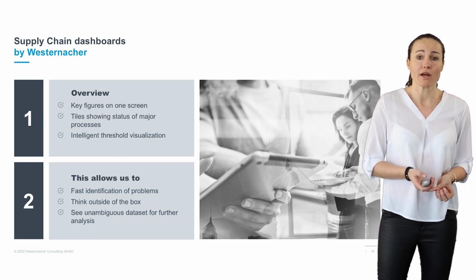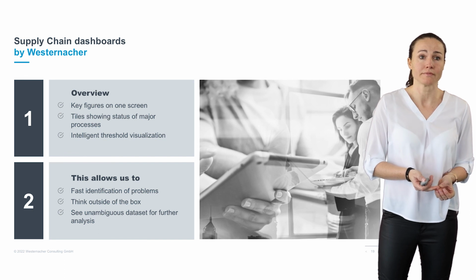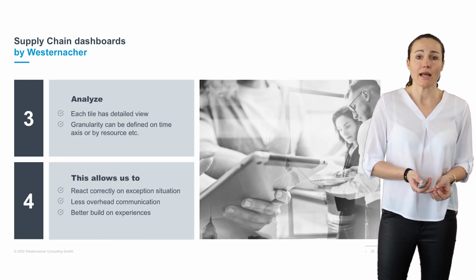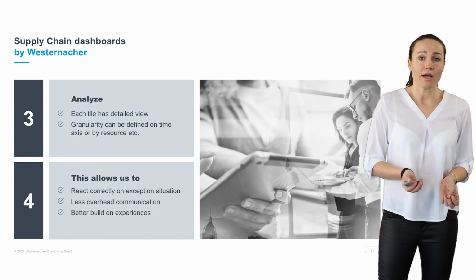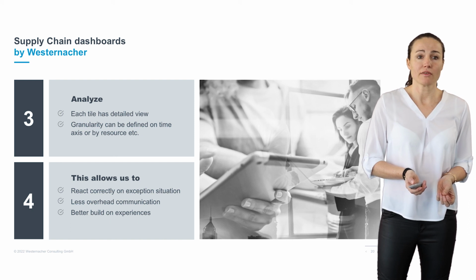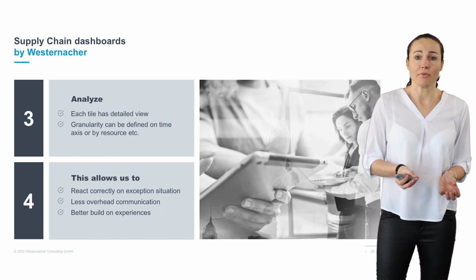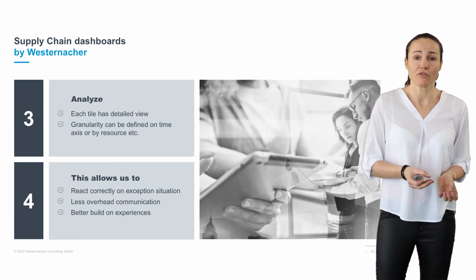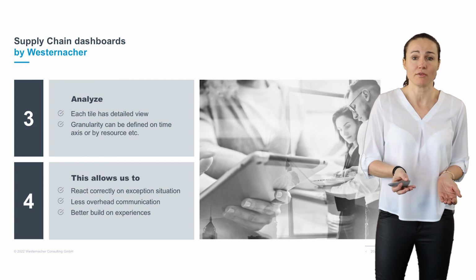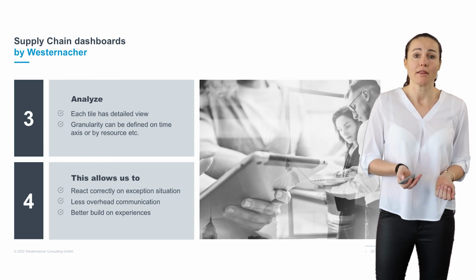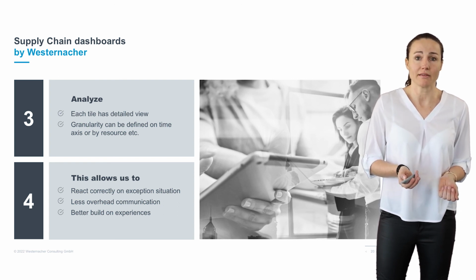And furthermore, we show all the major processes like inbound or outbound. Each tile has a detailed view where you can find further information at a deeper level. This reduces the communication overhead because you can structure the information and dedicate each viewer to a specific role. So you can make sure that the relevant people get access to the relevant data.